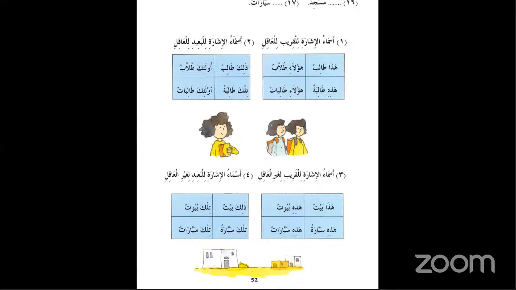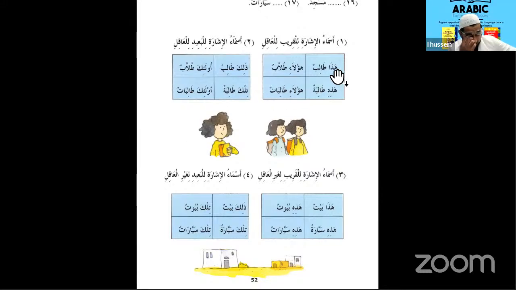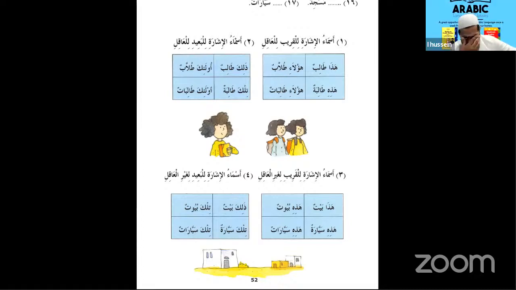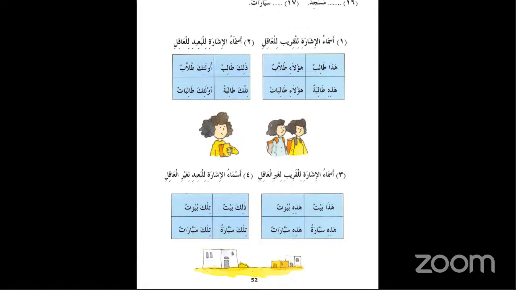So basically, from my understanding, هذا طالب. This is a student. Correct. And هؤلاء طلاب, so it's like the plural. These are students. Correct. هذه طالبة is a female. This is a female student. هؤلاء طالبات.